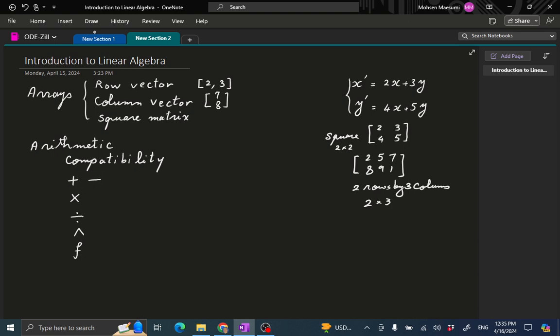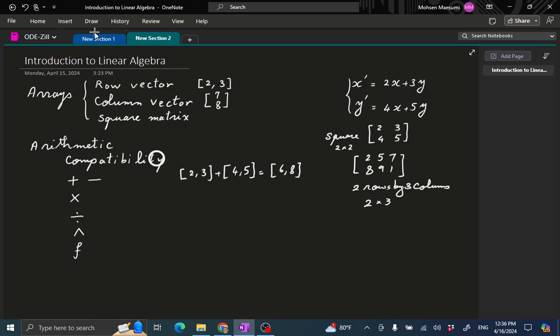No surprises with respect to addition and subtraction. If I have a vector, say 2, 3, and I want to add to it another vector, say 4, 5, and both of them are horizontal, I can simply add the first with first and second with second, and I'll be all done. If they were both column vectors, same way. But we have to make sure that we don't mix and match. In some cases, that's not going to work.